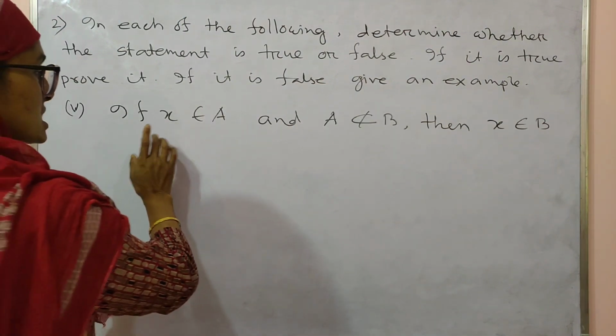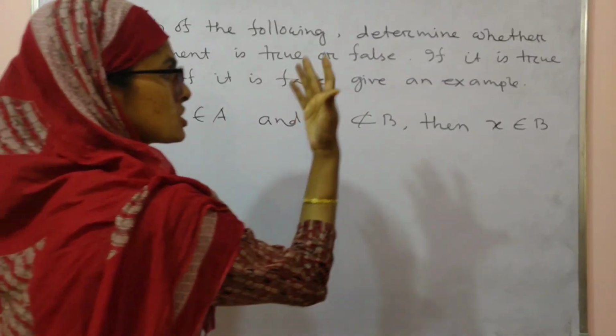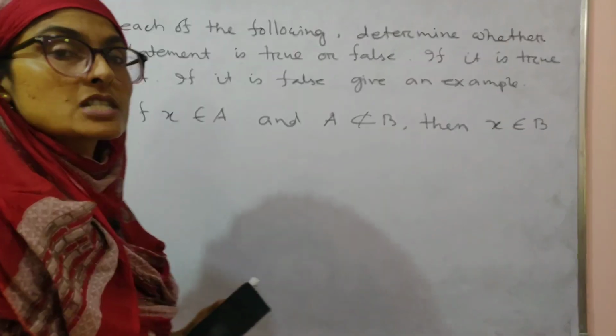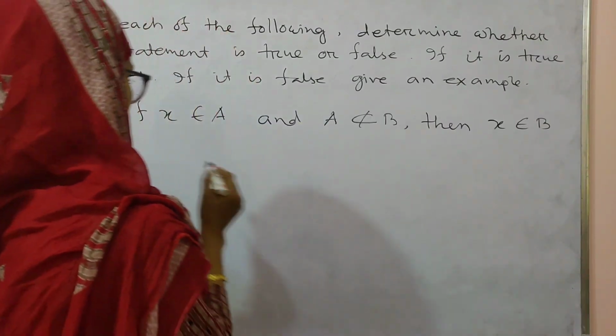Number 5. If X belongs to A and A is not a subset of B, then X belongs to B. This one is also false.